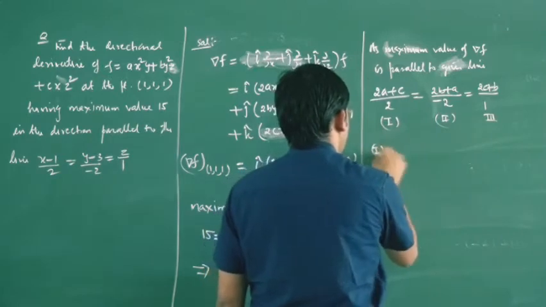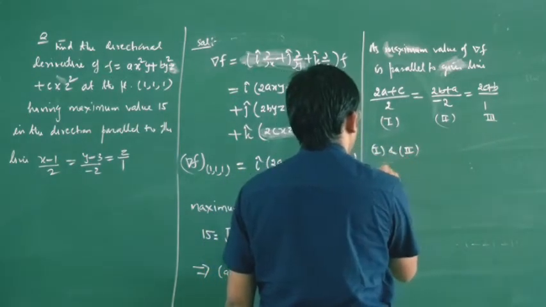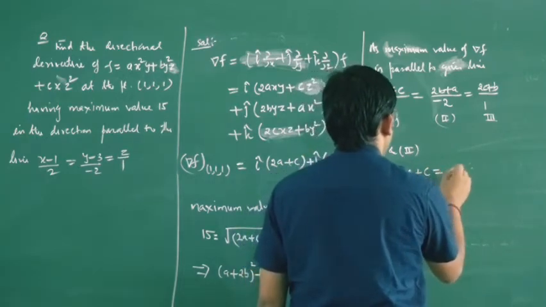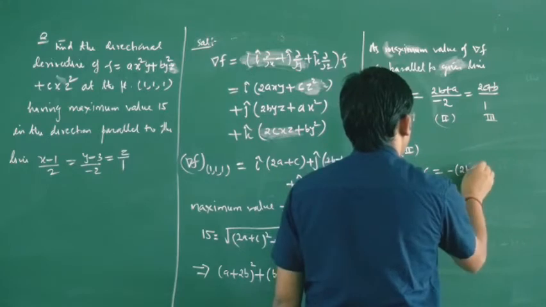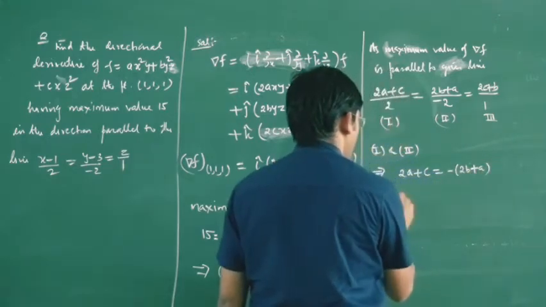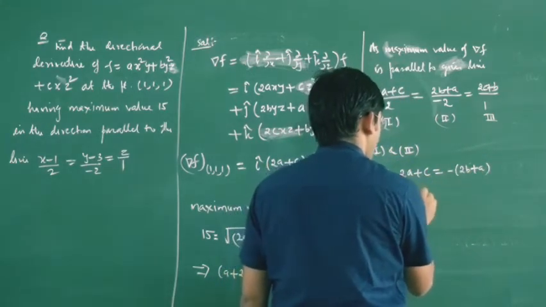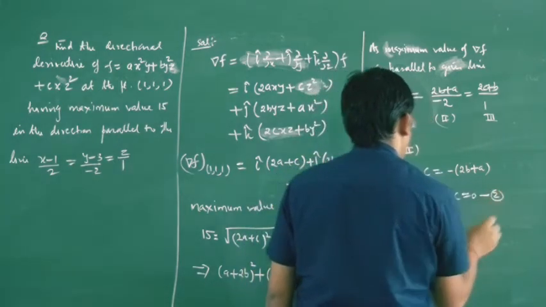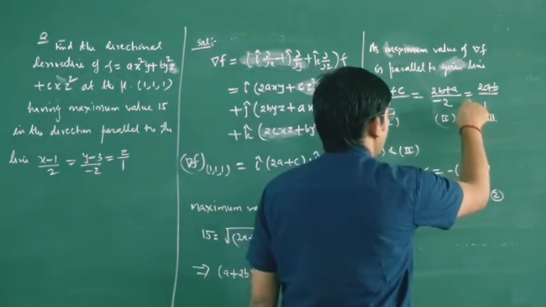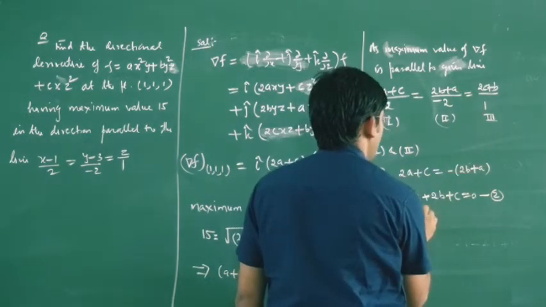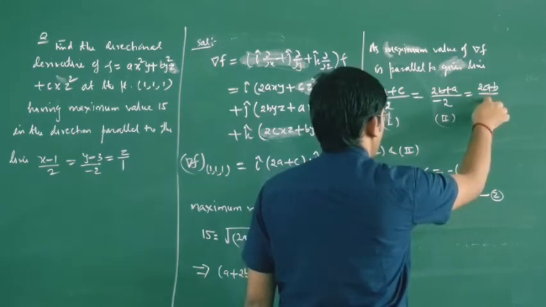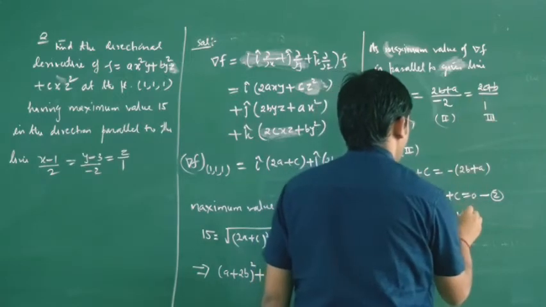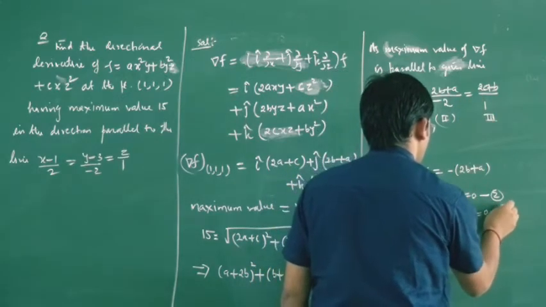So first and second imply 2a + c = -(2b + a). So from here we have 3a + 2b + c = 0. This is equation number 2. And similarly from this equation we will have a + 4b - 4c = 0. This is equation number 3.